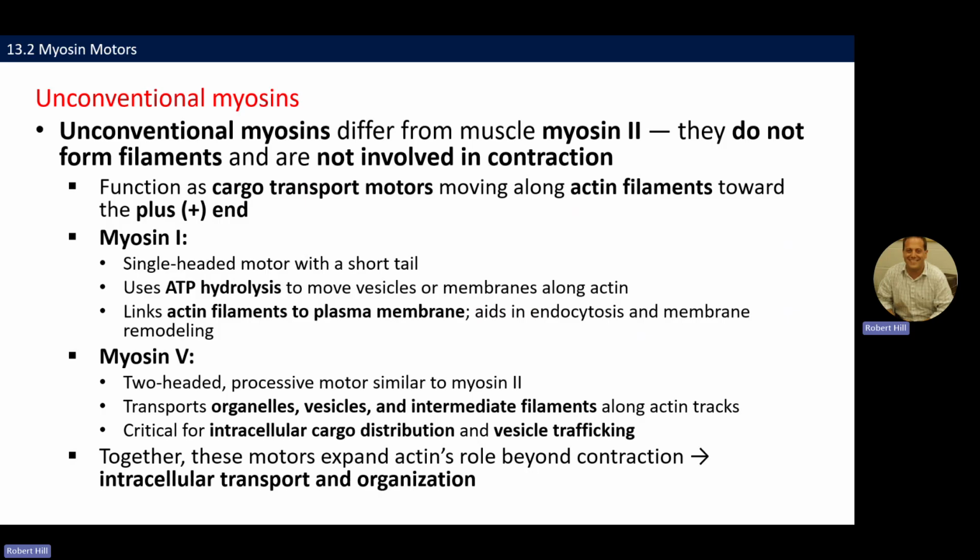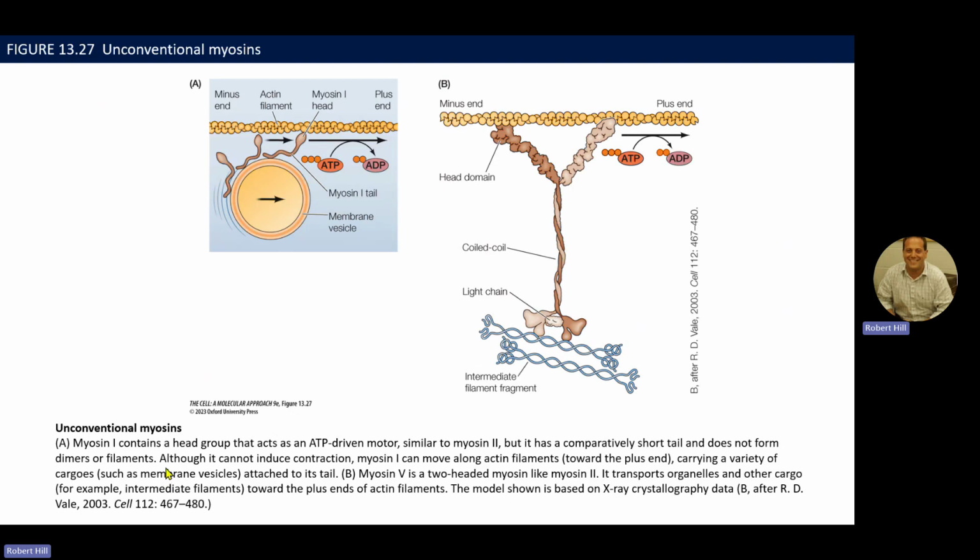We're not going to talk about intermediate filaments; we're going to skip that section in this chapter. But these unconventional myosins really highlight the versatility of the myosin family of proteins and what it does beyond muscle contraction.